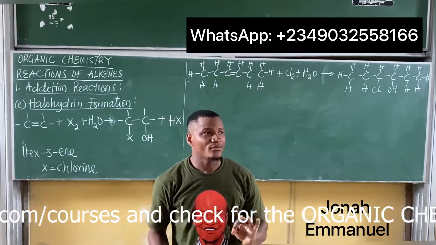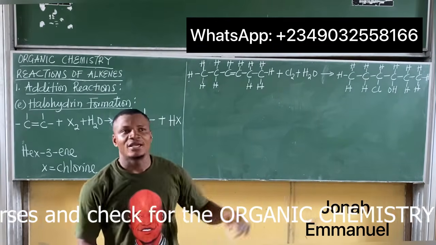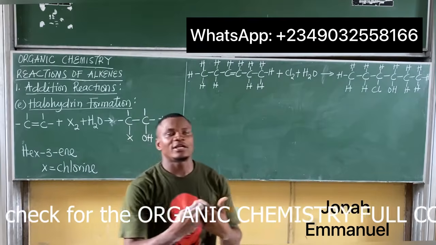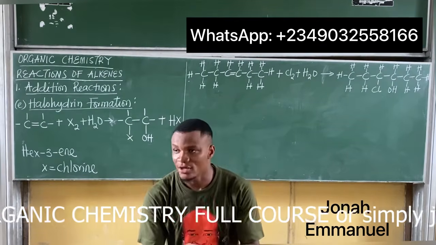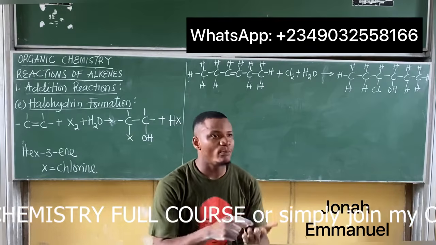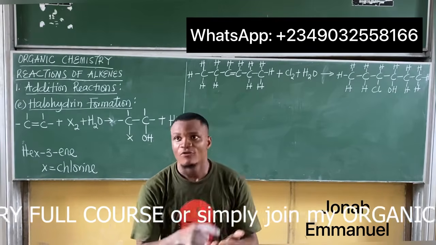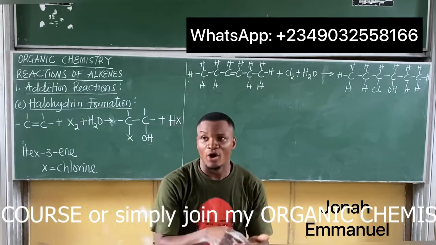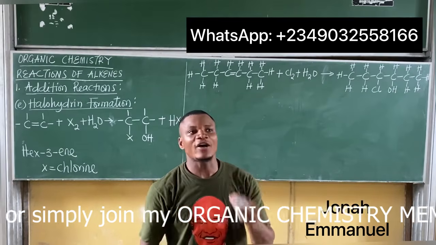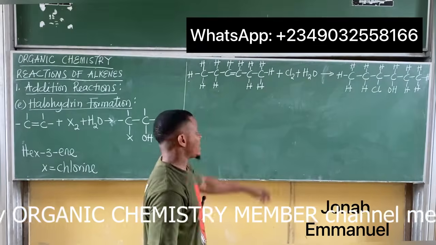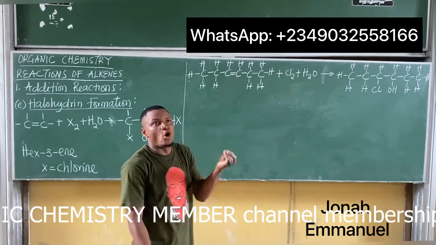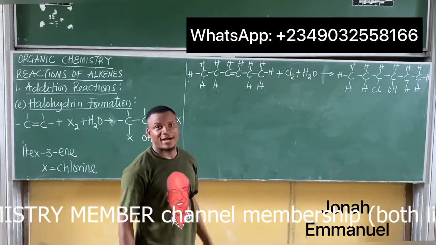But listen, the idea of taking the substituent as priority is only for alkenes. For alkenes, your double bond is the priority. For alkynes, the triple bond is the priority. For alcohols, the OH is your priority. In other words, I will name this in such a way that the OH becomes what there? The smaller number.